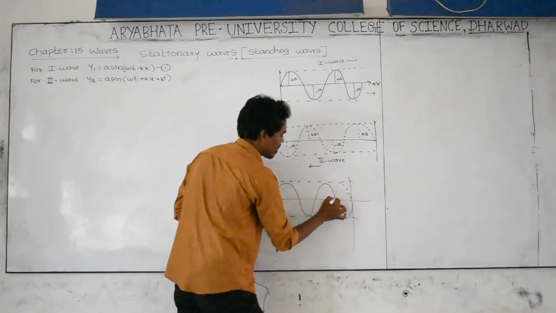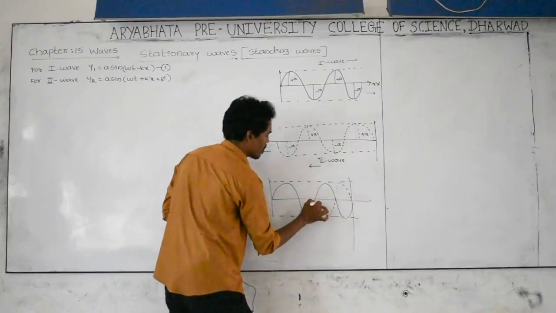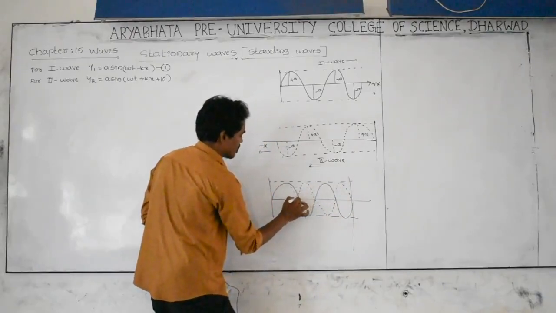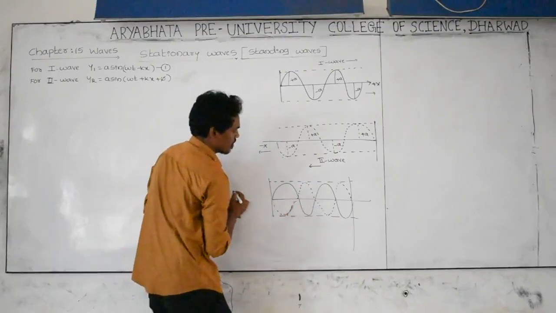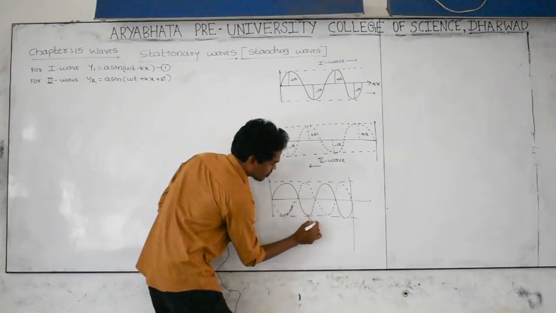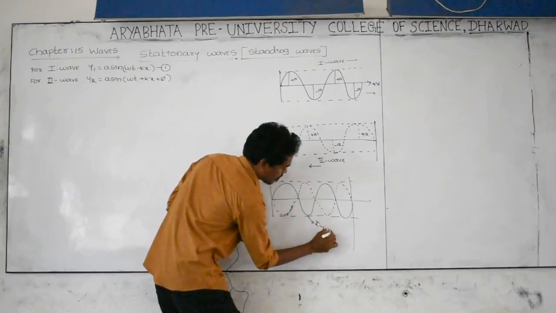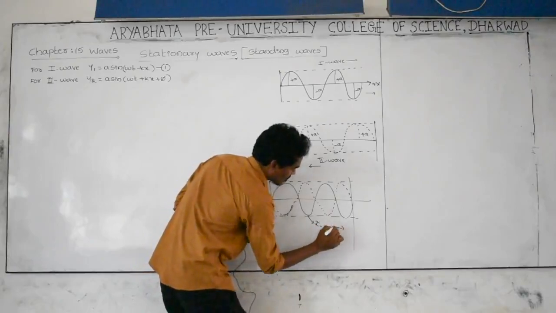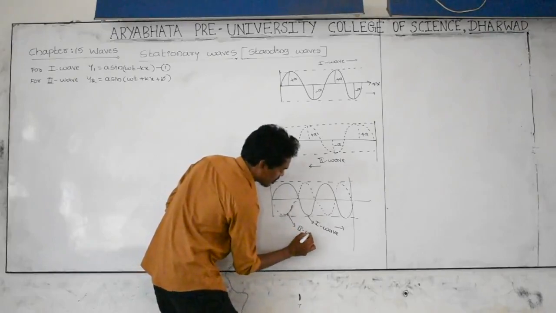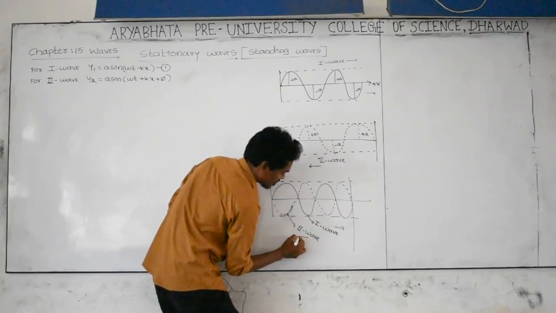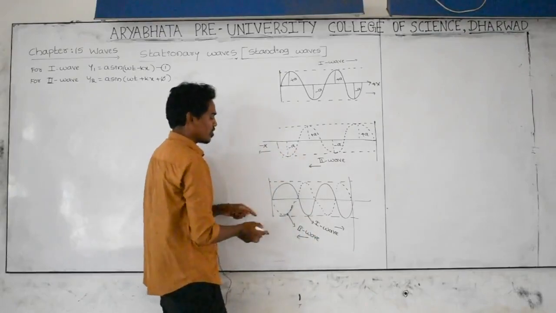Both the waves are merged. This is the first wave moving in the positive x direction, and this dotted wave is the second wave moving in the negative x direction, and both have merged.